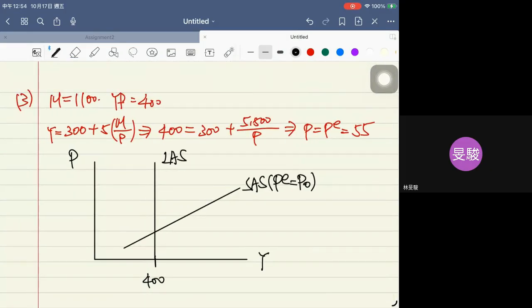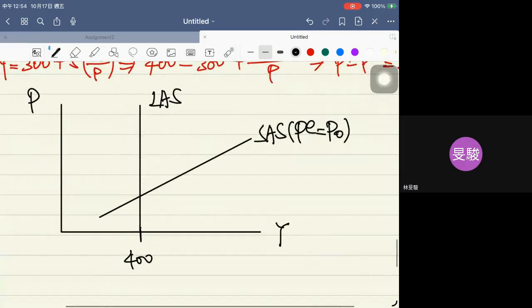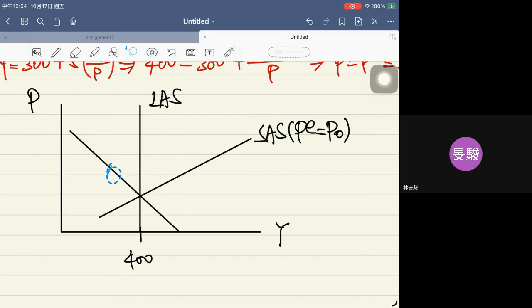So the initial AD is AD of M0. Money supply is an exogenous variable, so a money supply change shifts the line.